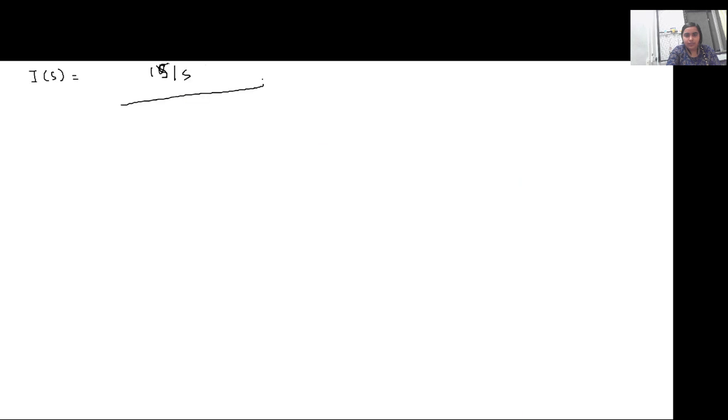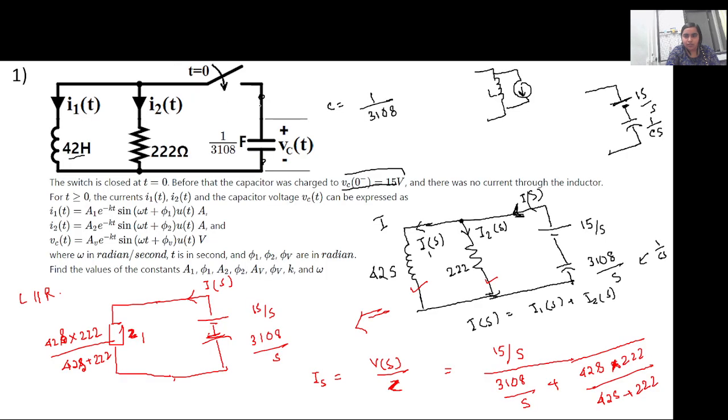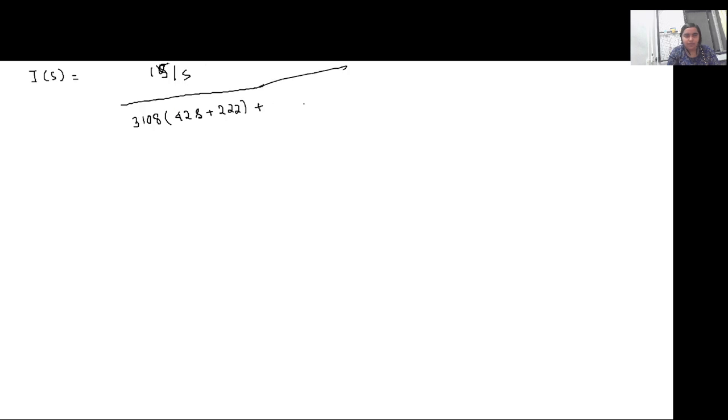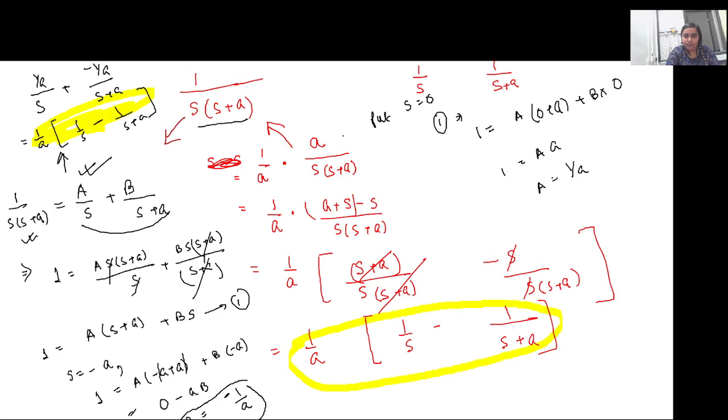So it's 3108 into 42S plus 222, plus 42S into 222, and it will be multiplied by S. So in the numerator, denominator we have S into 42S plus 222, right?